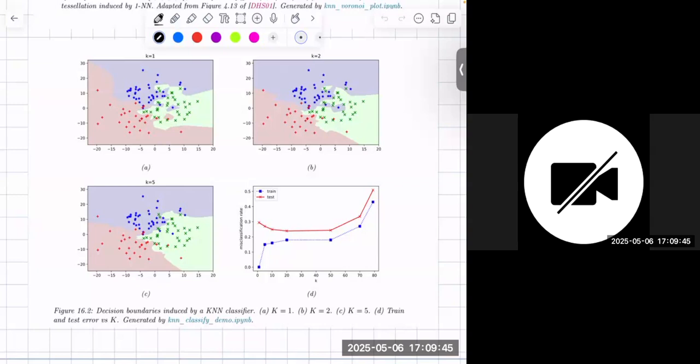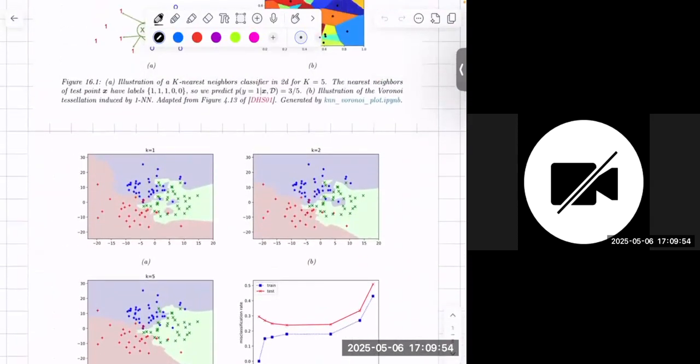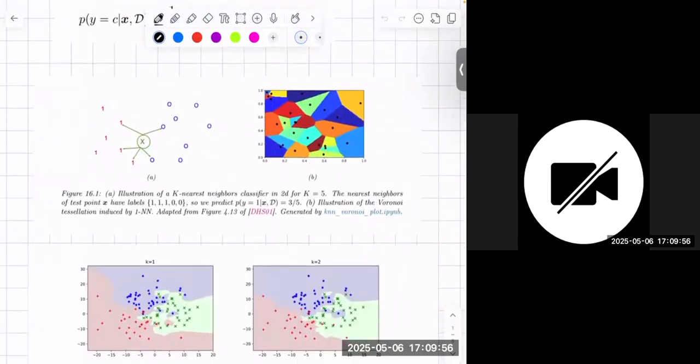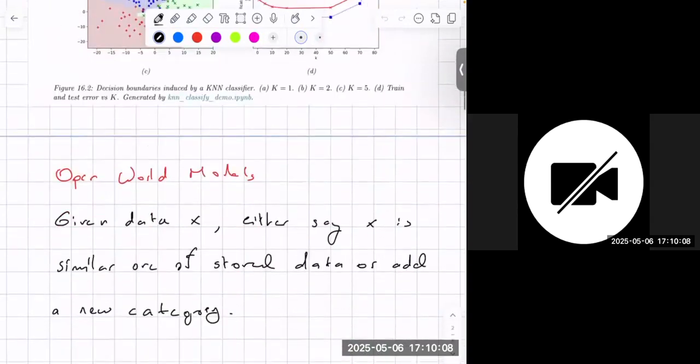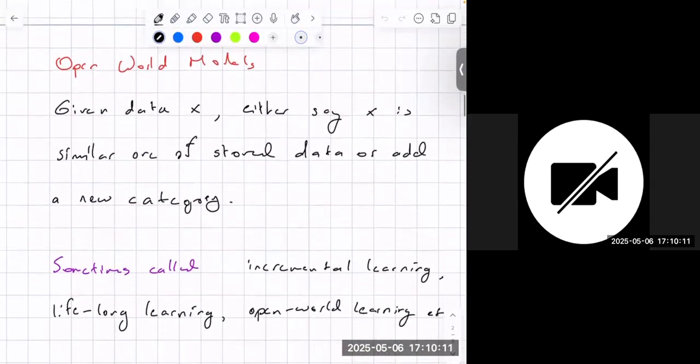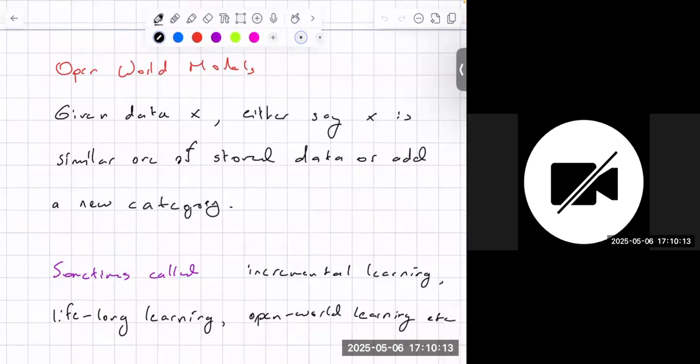Even the off-the-shelf scikit-learn implementation is not bad at this point. It's been around for quite a long time. All right, so this is our K nearest neighbor classifier. And in the K equals 1 case, it has a name called Voronoi diagrams. This existed in other fields, invented for other purposes.